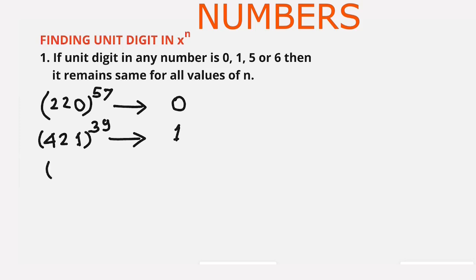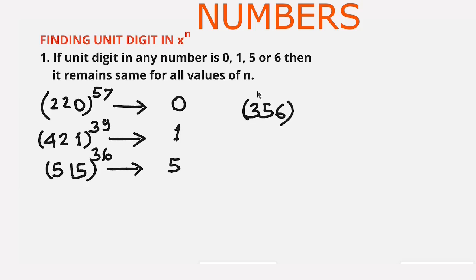If the number is 515 and its power is 36, whatever the power, whether it's 36 or any other, the unit place in the expansion of this will be 5. And the number 356 has ones place 6, and suppose its power is 28.